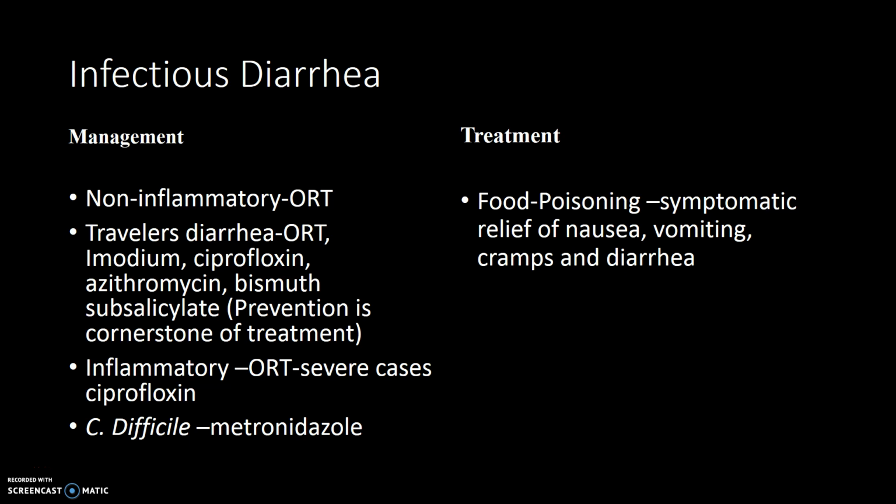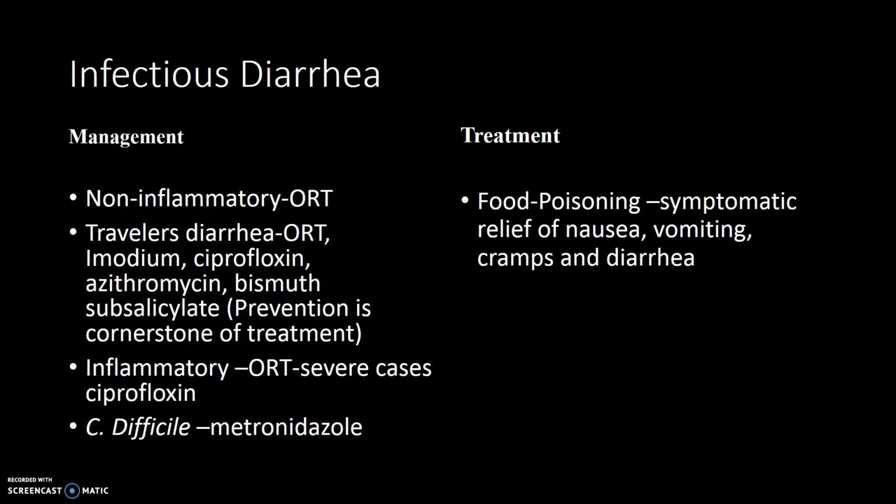As far as inflammatory diarrhea, which implies bacterial, oral rehydration therapy, and if needed, moderate to severe cases, we'll use antibiotics such as Cipro. Clostridium difficile, we use metronidazole, which is Flagyl, and vancomycin can be used, but it just depends on the situation.